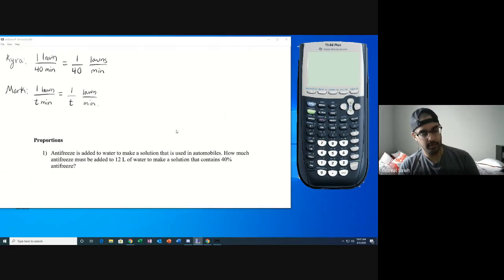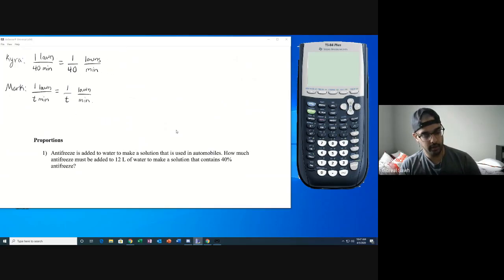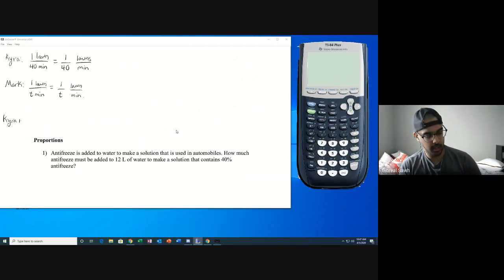Now the question does give us some information if they were to do this same job together. So we can write a fraction for that also. If it's Kira and Mark, they can do that one lawn in 24 minutes. So that ratio is 1 over 24 lawns per minute.